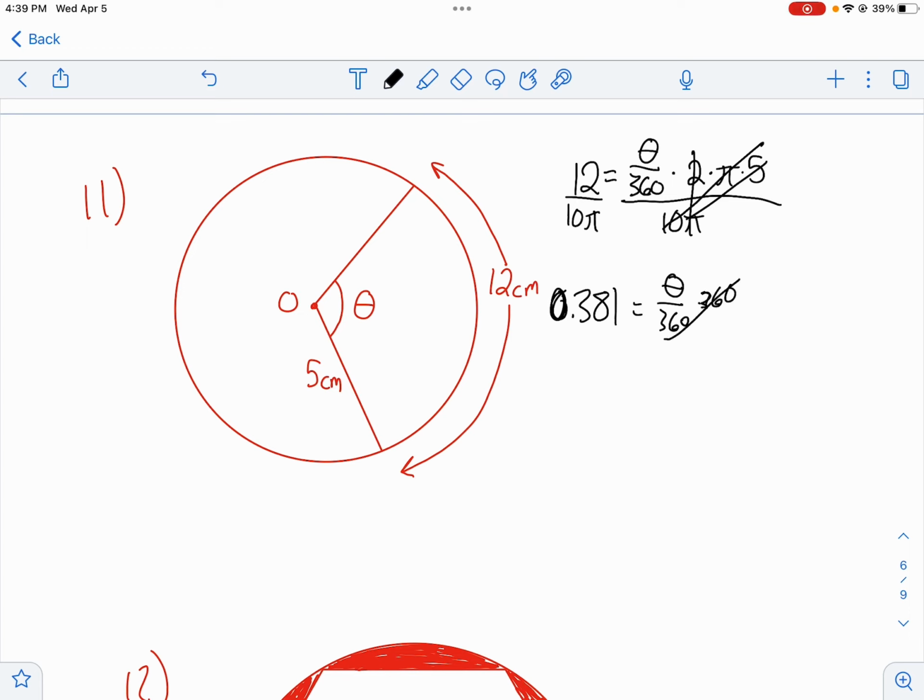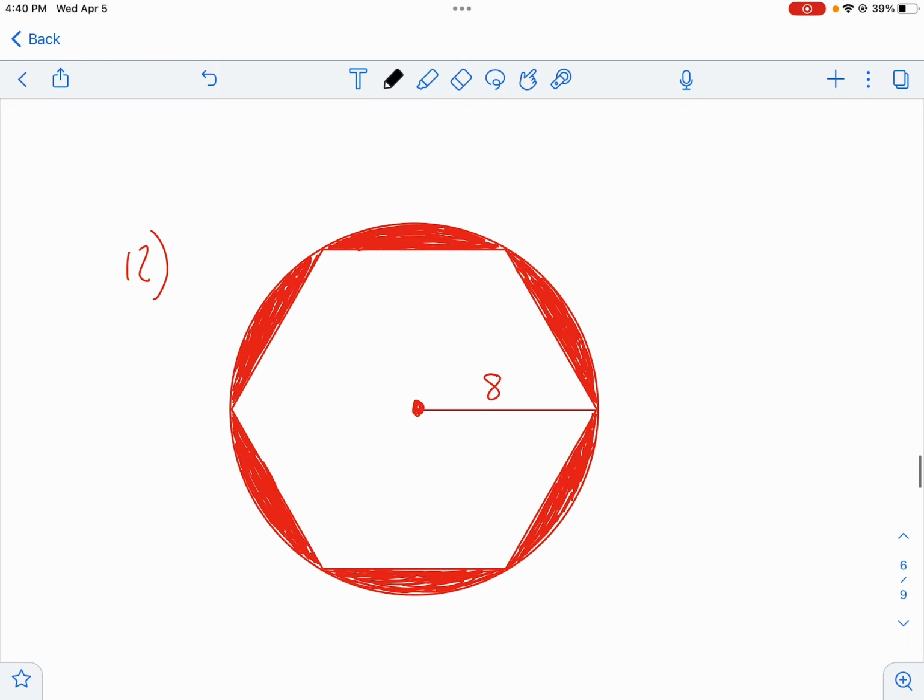And I get theta is equal to 137.5. It says round to the nearest degree, so I'm going to go 138. That's degrees. Cool.